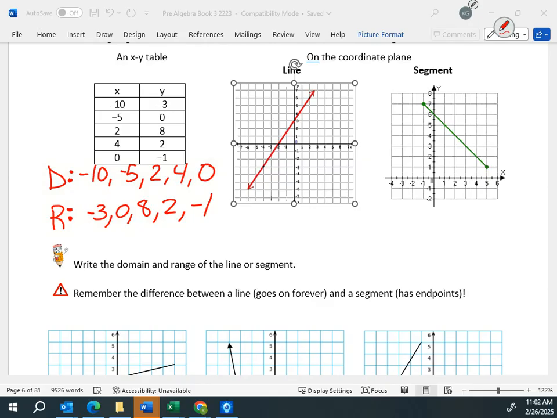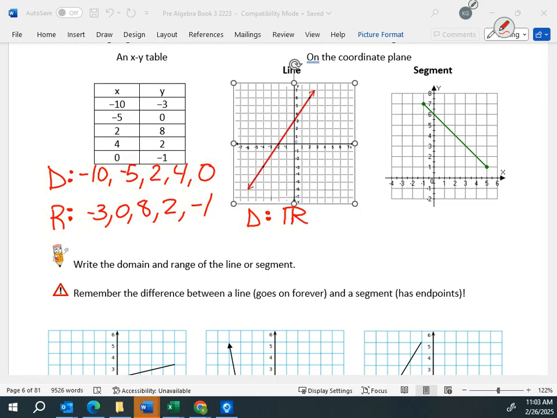That line goes on and on and on. So if I want to write the domain for it, is that going to be easy to do if it keeps going on and on for infinity? No, I can't list everything. So what we do is we make this symbol right there.